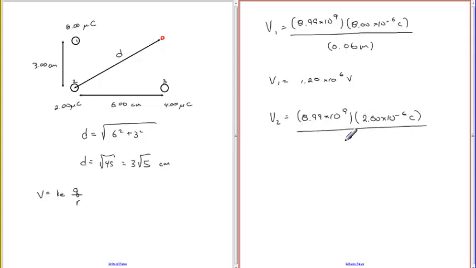We divide by that distance, which is 3 times the square root of 5. So in the calculator, 8.99 e to the 9th times 2 e to the negative 6 divided by 3 divided by the square root of 5.